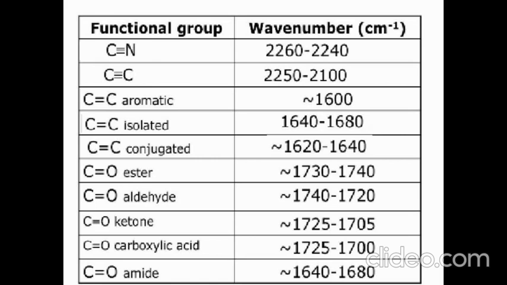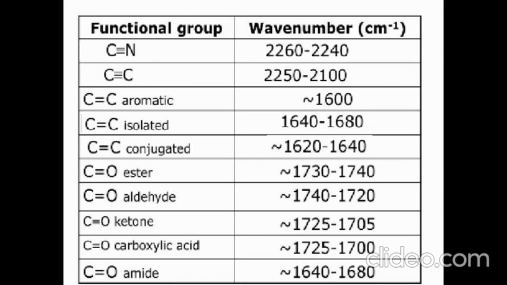Now coming to the ketone, it usually appears between 1725 to 1705, and the standard value for the ketone is cyclohexanone or acetone, which gives the peak for C double bond O stretching frequency at 1715 centimeter inverse.